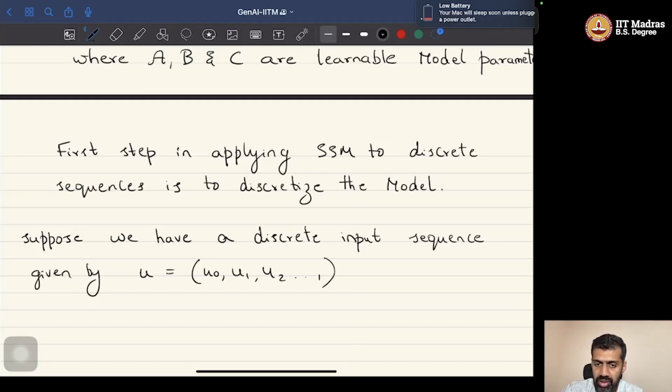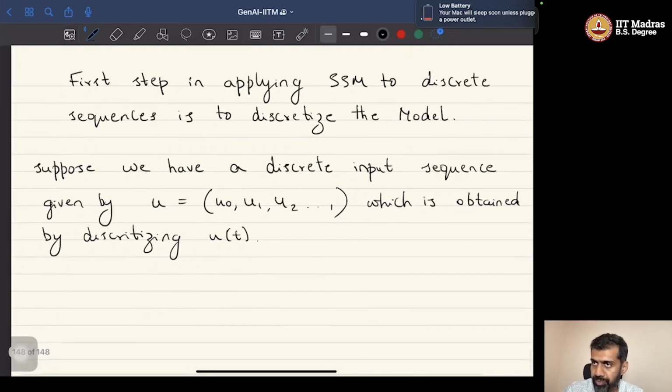This is the discrete sequence that we have, which is obtained by discretizing u of t. Which means that uk, the kth discrete sample, is u of k times delta, where delta is the step size.